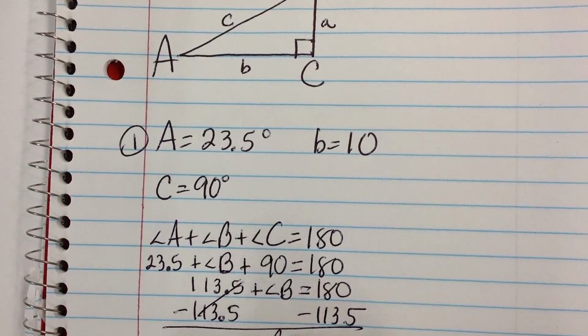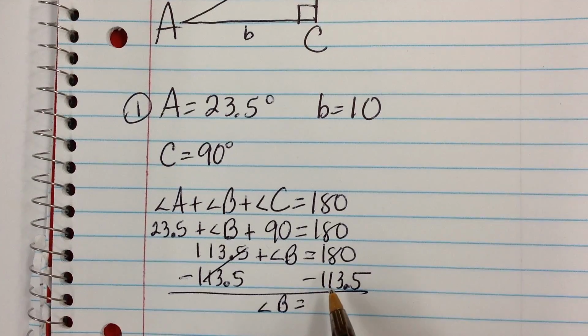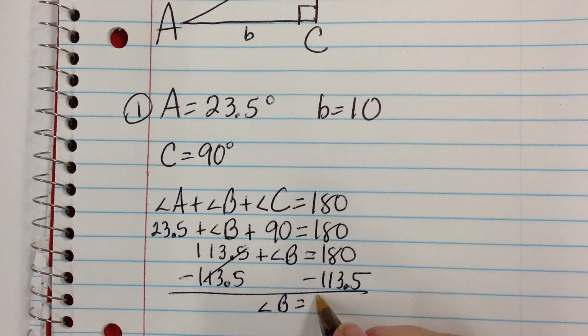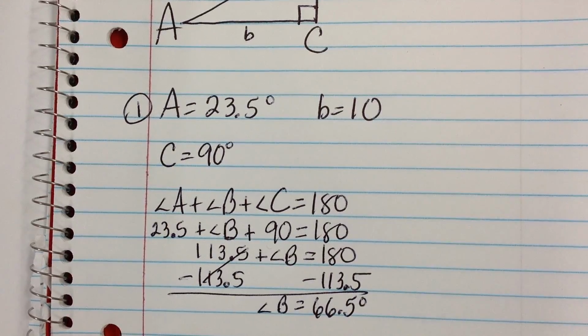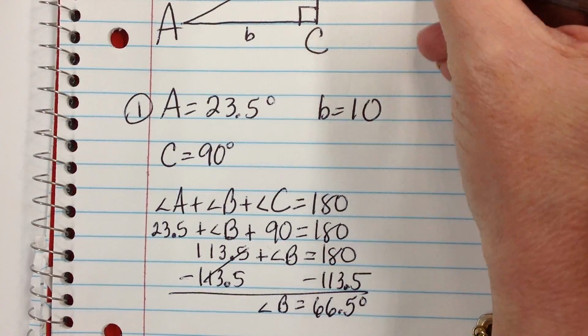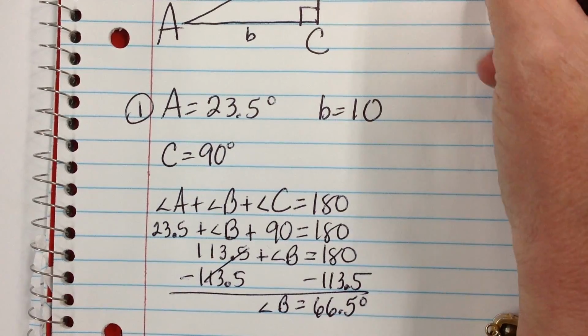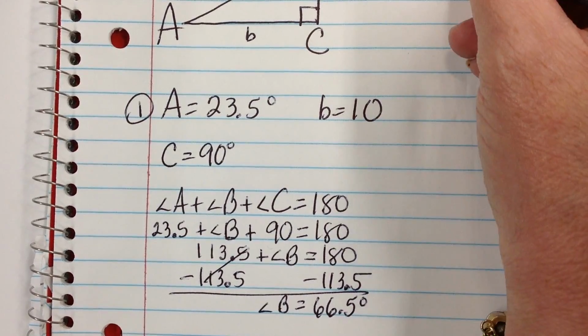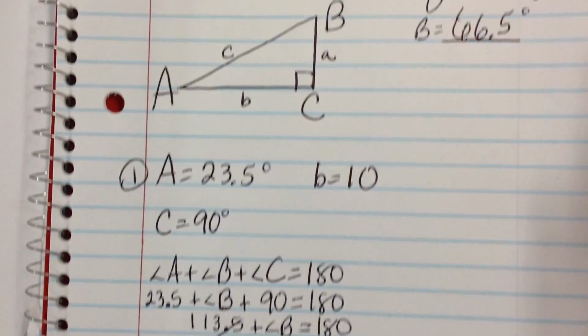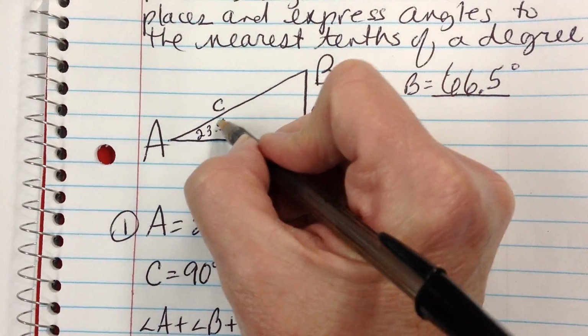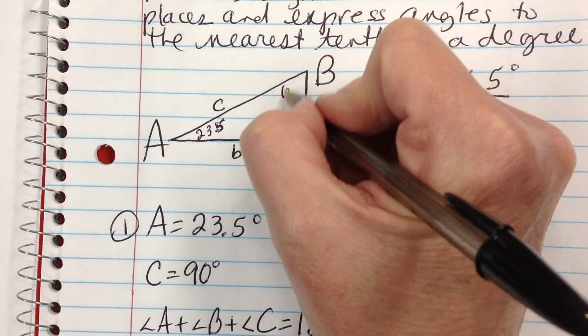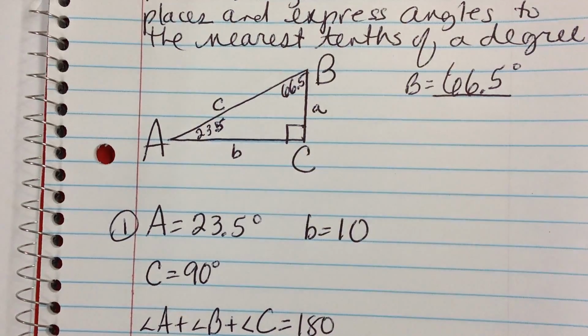So angle B equals, punch in your calculator, 180 minus 113.5, you end up getting 66.5 degrees. So we know that angle B is 66.5 degrees. Now I'm going to label these on my triangle. Angle A is 23.5 and angle B is 66.5.